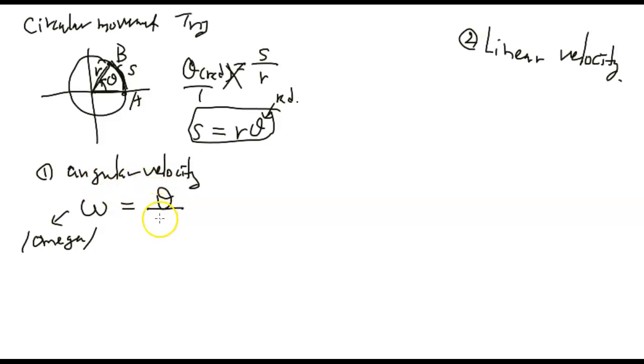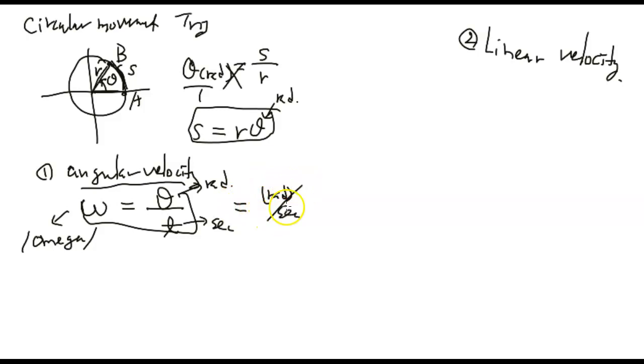Angular velocity is how much angle theta is rotated per time. So omega is theta over time. Theta here is the radian measure. If time is in seconds, then the unit of omega is going to be radian per second.